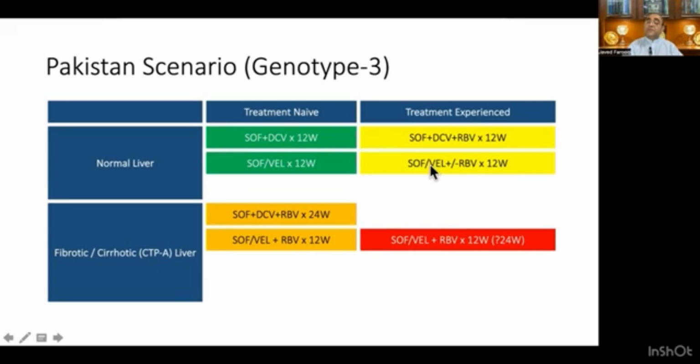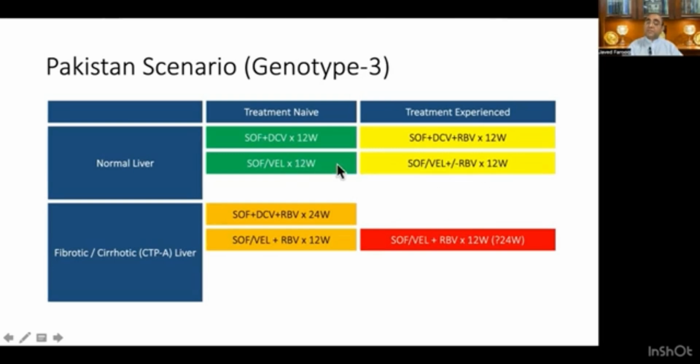But if it was the initial DAAs like sofosbuvir-ribavirin, or if the patient is a non-responder or relapser to sofosbuvir-daclatasvir, then better that you add ribavirin into it, and the patient should now be given sofosbuvir-velpatasvir-ribavirin for 12 weeks.